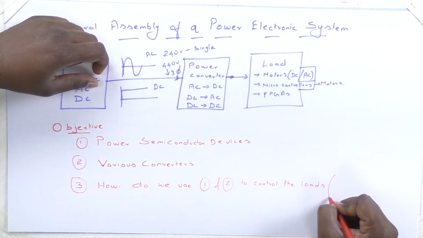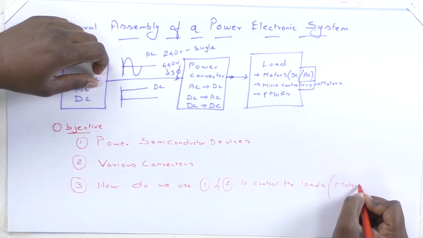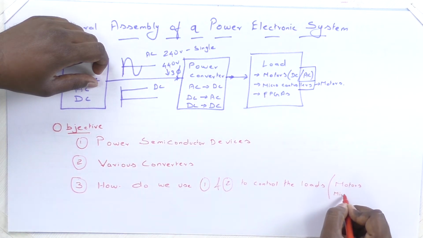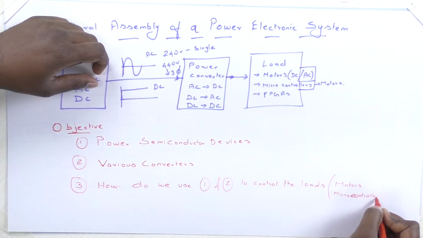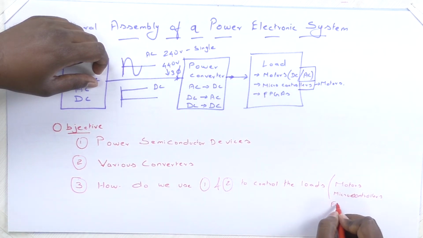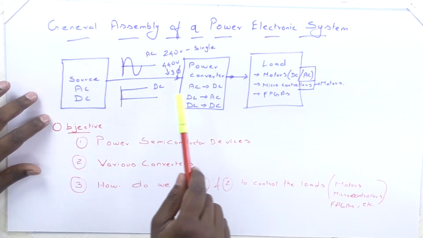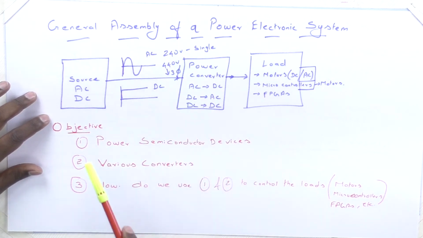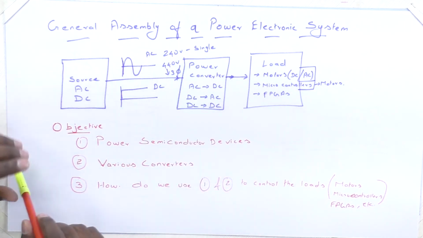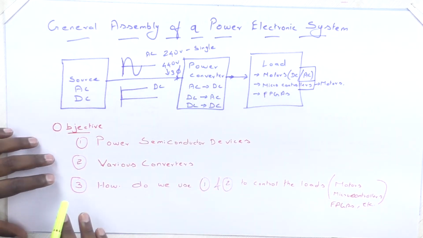It can be anything, as I said, motors, microcontrollers, or FPGAs. It can be anything, etc. Okay. So our main idea is to study the power conversions and what are the components that go into it. Okay. All right.